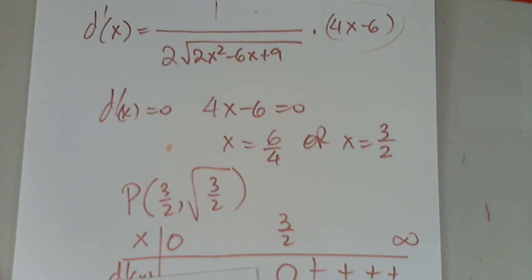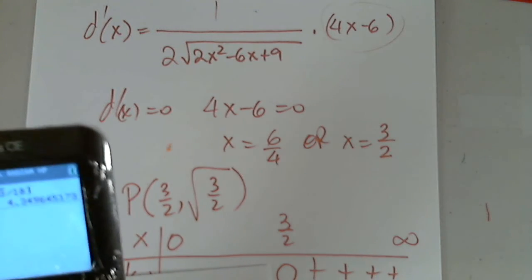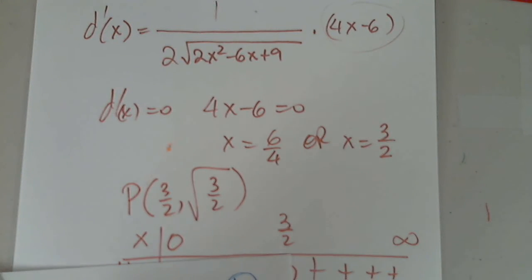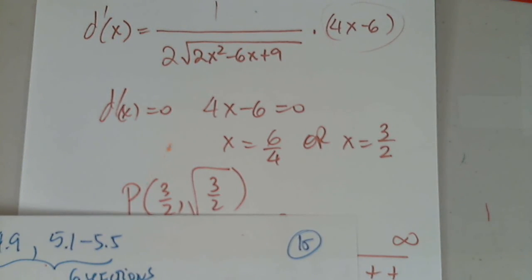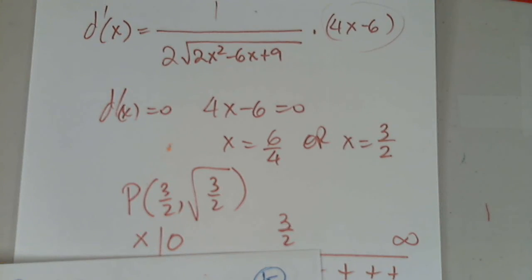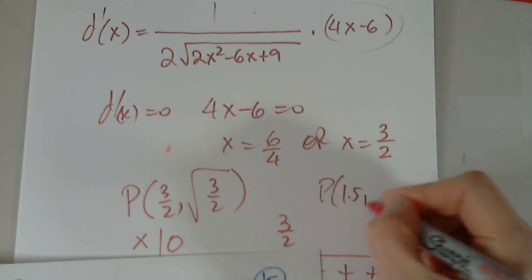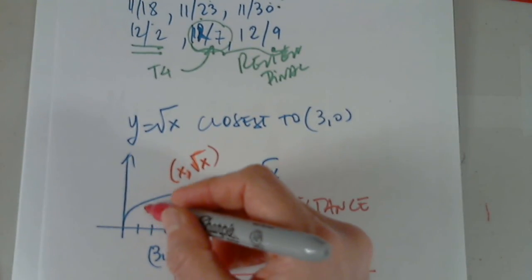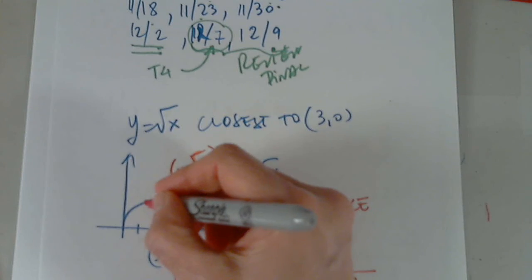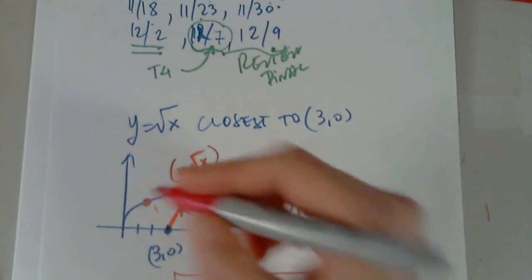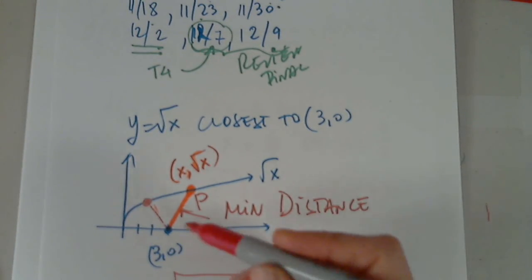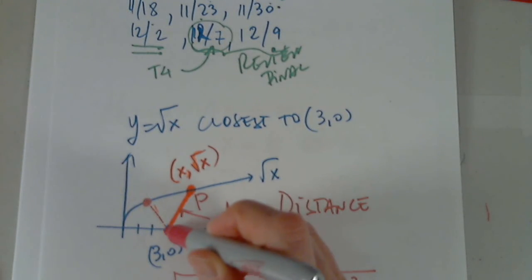So the point, I don't know where it is, I can find the square root of 1.5. Square root of 1.5 is 1.22. So the point is P (1.5, 1.22). As expected, this is the point on the graph of the square root of x that is the closest to (3, 0).